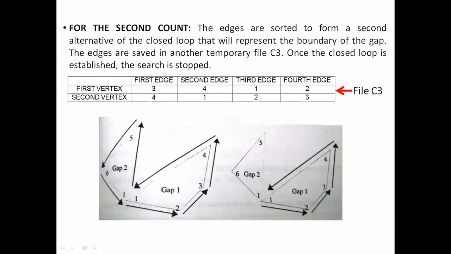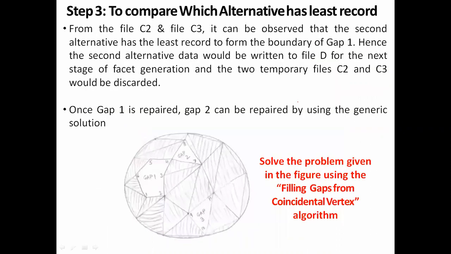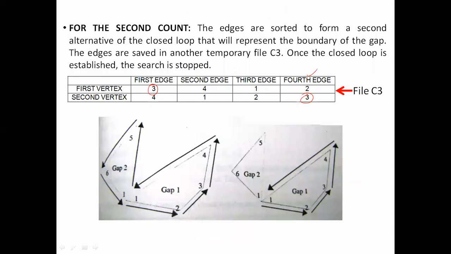For the second option, there are four edges and the loop is complete. So what will we do? In this case, the option which has the least number of edges is going to be filled first.